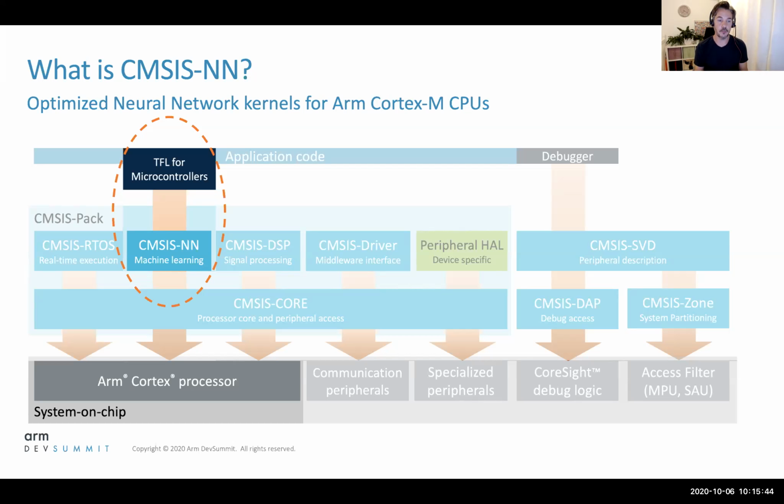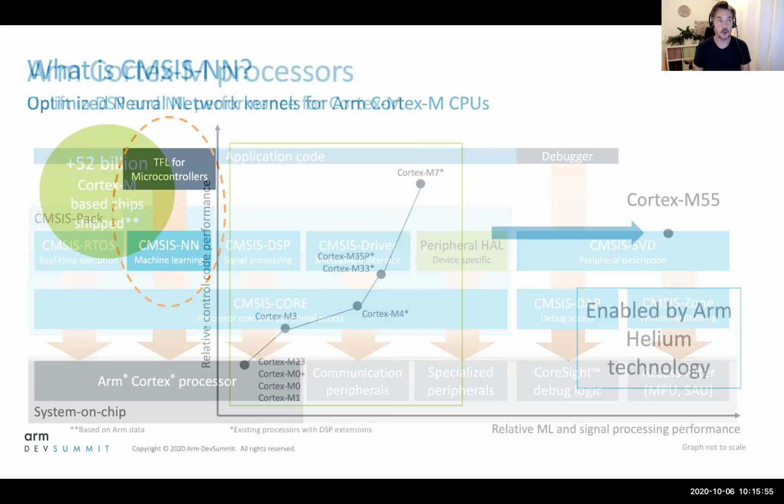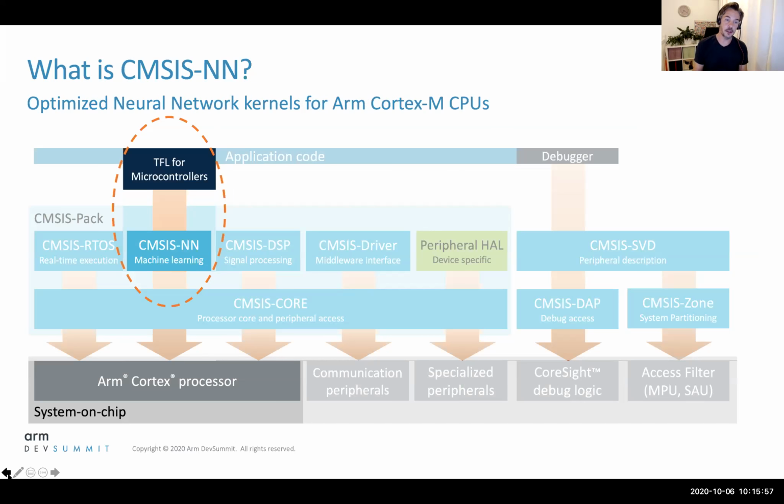I will talk more about how it is integrated and how it utilizes all the features of TensorFlow Lite Micro. I can also mention that there are 2 main categories of optimizations: our processors which have DSP extensions, and our processors that have MVE enabled devices, such as the new Cortex-M55. All right, next slide, please.